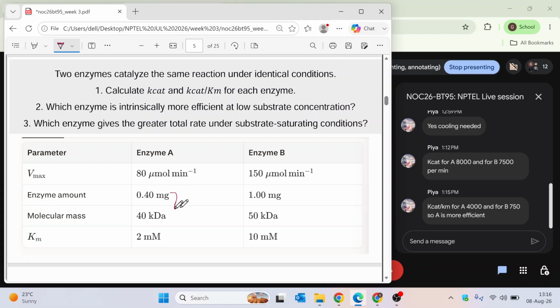So using these two values, find the moles first, and then your kcat will be the Vmax by that moles.